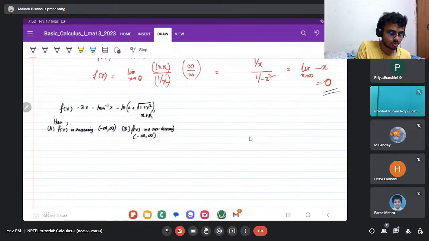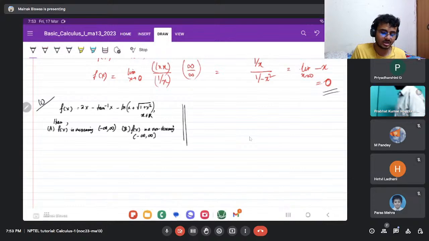It will be two more short questions. It will be done then. So it says that your f of x is this. We have to decide which of the following is true: it's an increasing function, a non-decreasing function, or a decreasing function, and so on. So what is the problem we need to solve? f dash x we need to find.